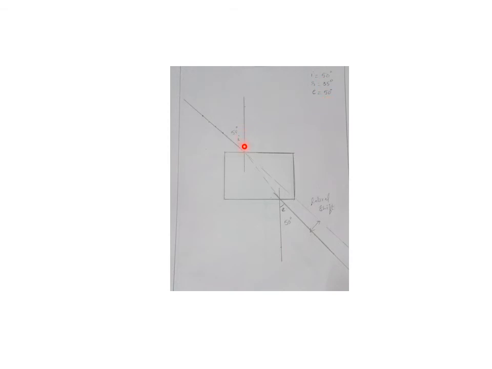So here you have to remember, this is again a line parallel to your emergent ray. One more point, this will be your R, this is I, and this will be E. So for I 30, 40, 50, I have done the activity and found the lateral shift for every angle of incidence I.